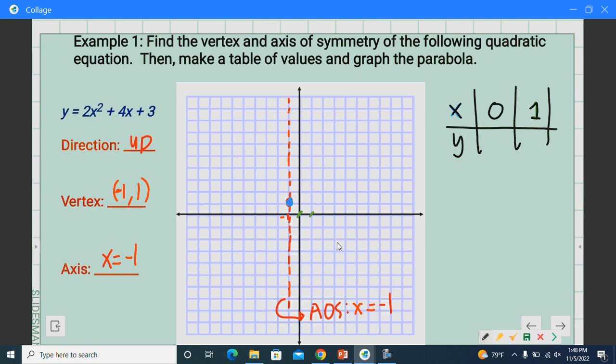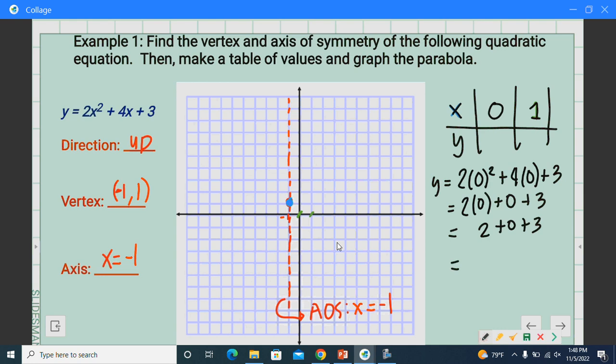So if x is 0, y is equal to 2 times 0 squared plus 4 times 0 plus 3. 2 times 0 squared is 0, and 4 times 0 is 0. That will give us 0 plus 0 plus 3, and that is 3. So that is 3.